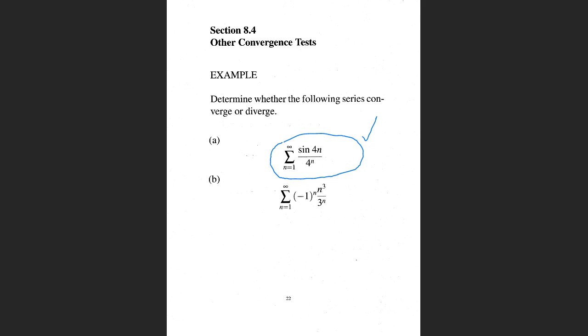The 4 to the nth power in the denominator, what does this part of the series remind you of? What series does that remind you of when you have 4 to the nth power in the denominator?